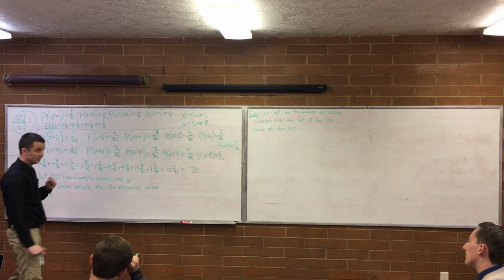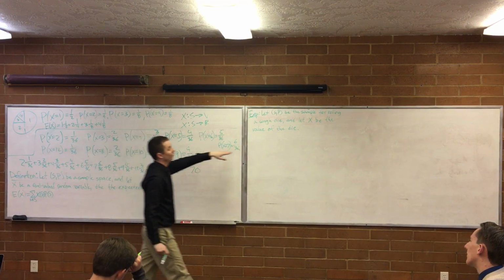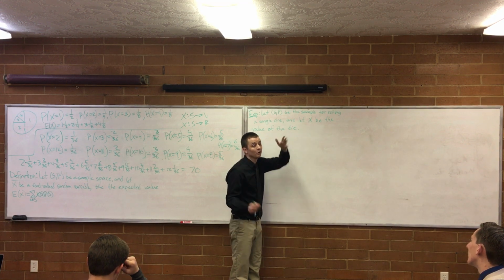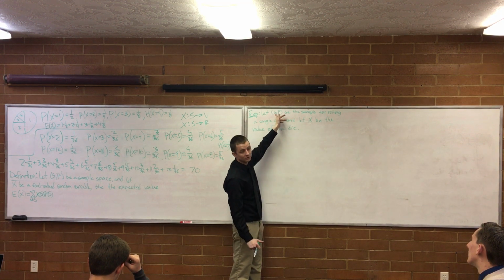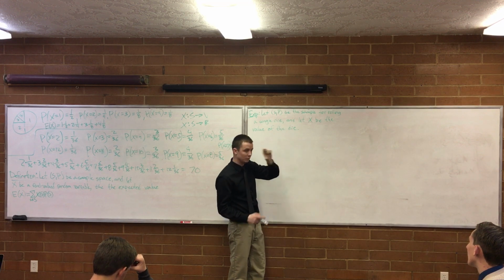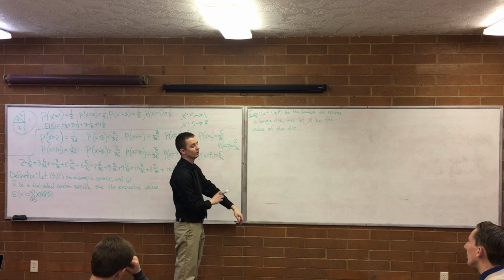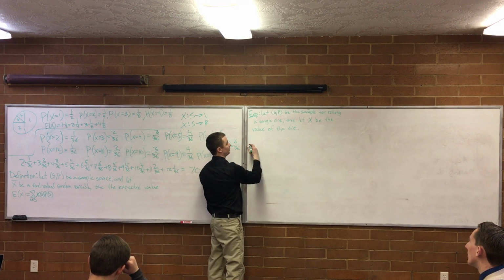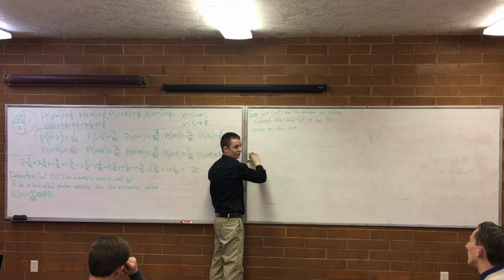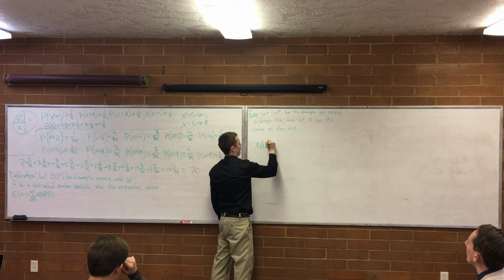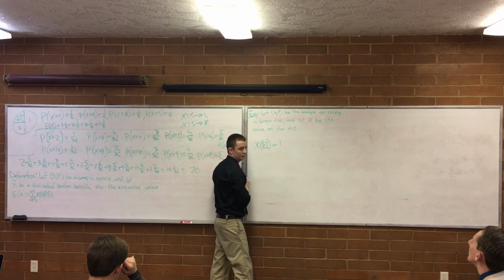So you need a real random variable X to calculate its expected value. In this case, our real random variable just assigns the number to itself. Whatever S is, maybe S isn't numbers, maybe it's pictures of dice. If we make S the pictures of the dice, then X of this would equal 1.